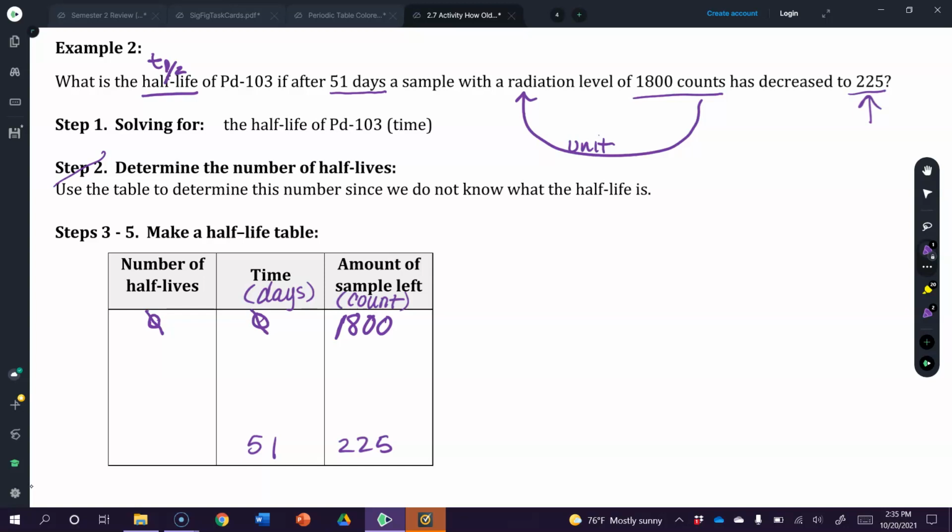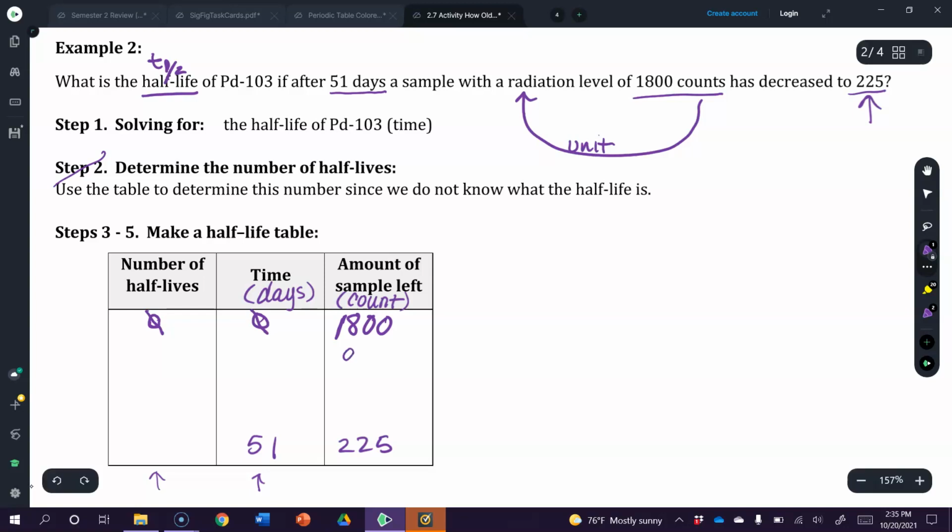And so we can't do half-lives yet here, and we can't do the time, so we have to work backwards. So in the first problem, we set up half-lives, then we did time, and then we did the amount of sample left. Well, since we don't know step 2, we're going to start with the end and work our way back. So amount of sample left, we're going to divide this in half until we get to 225, and that'll tell us how many half-lives we have.